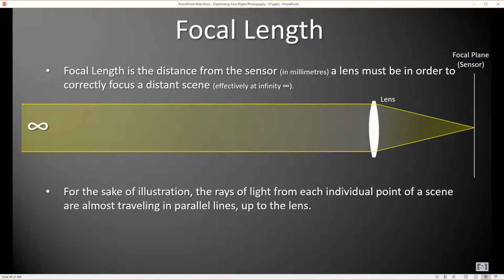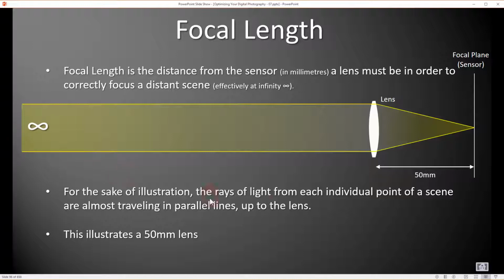For the sake of illustration, the rays of light from each individual part of the scene, as we've seen on the previous videos, are almost traveling in parallel lines up to the lens. In fact, they're actually coming from a single point way out at infinity, basically.